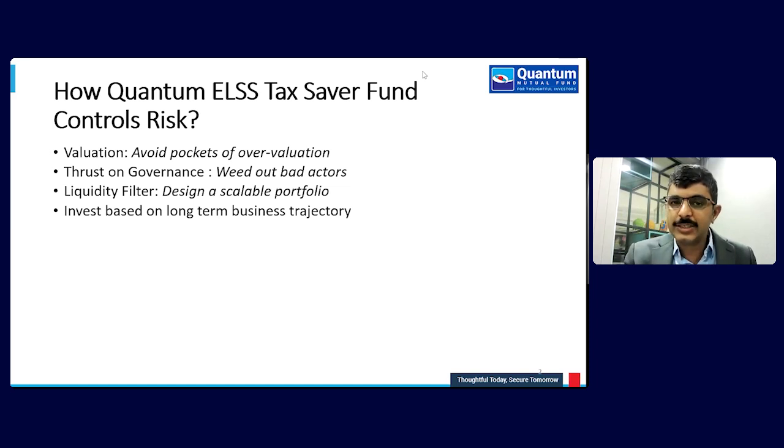So corporates which have a history of treating minority shareholders badly, or of shortchanging minority shareholders, will not pass this integrity filter. And therefore, what is left after the integrity filter is a list of companies which have a history of treating minority shareholders in a good fashion.